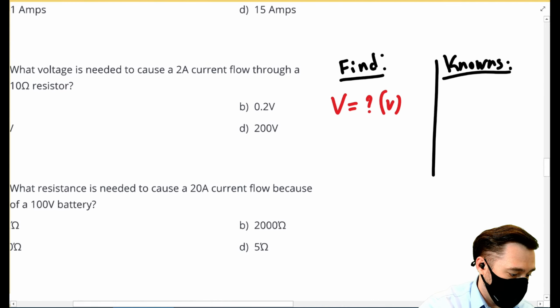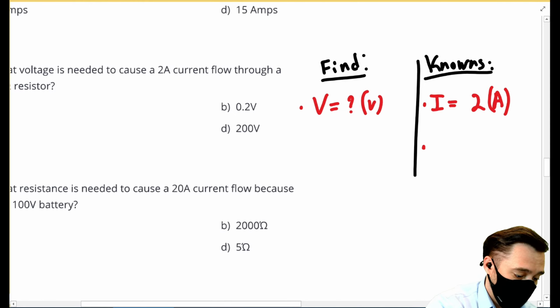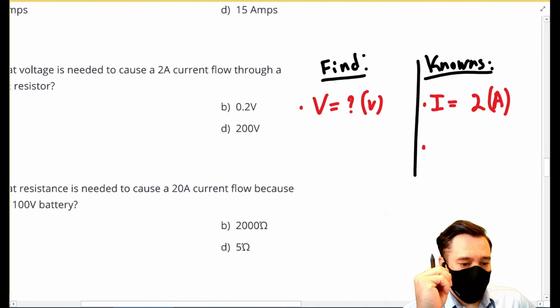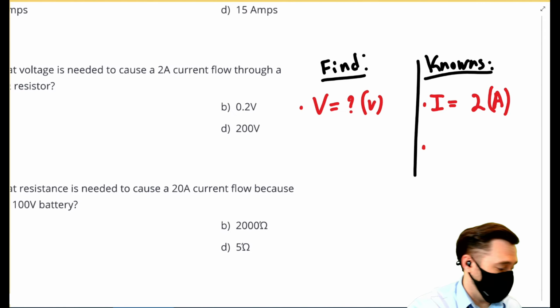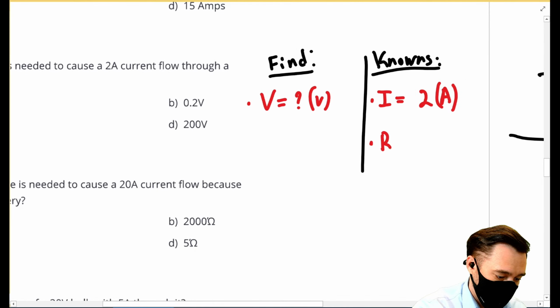And we have my current of 2 amperes. Amps, like when I say the word amp, that's a short way of saying amperes, which is the proper name for it. And then we have a 10 ohm resistor. So R, it's 10 ohms.